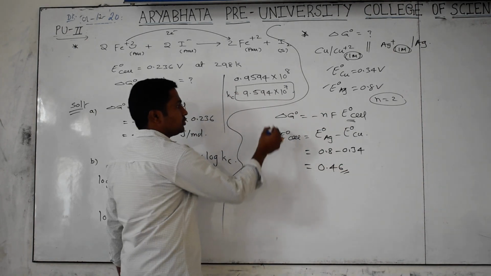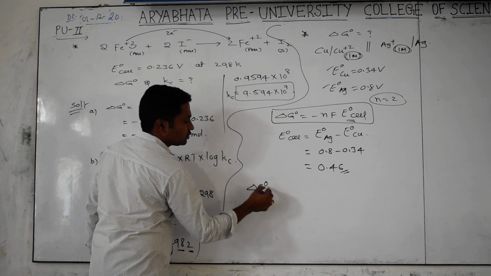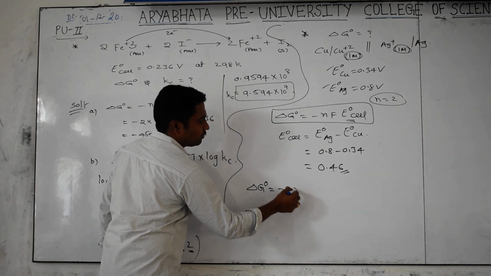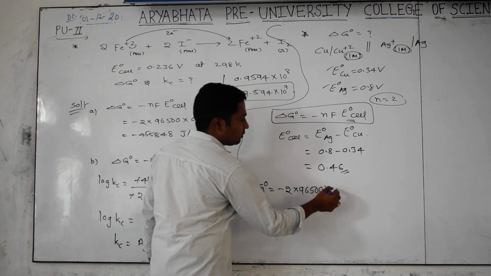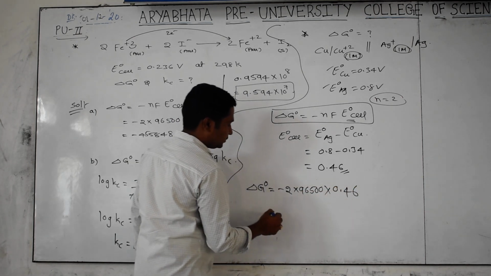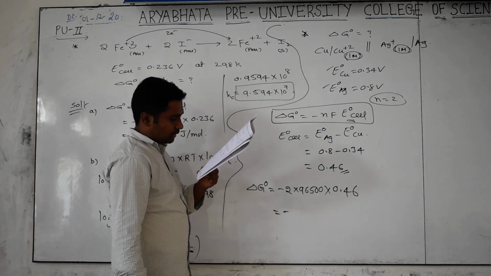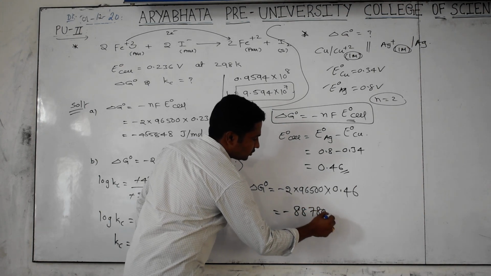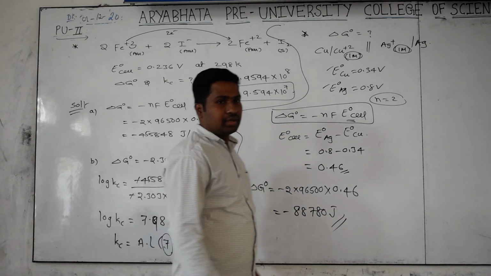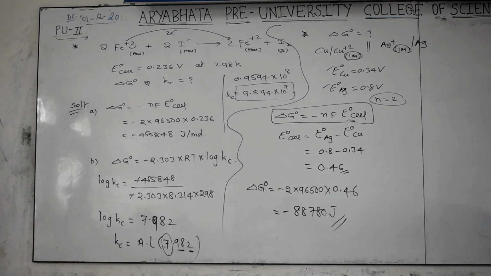Yes. Substituting in the formula, delta G naught is equal to minus n F, 2 into 96,500 into E naught cell 0.46. Free energy comes to minus 88780 joules. Energy comes in joules. Did you get my point? Yes.